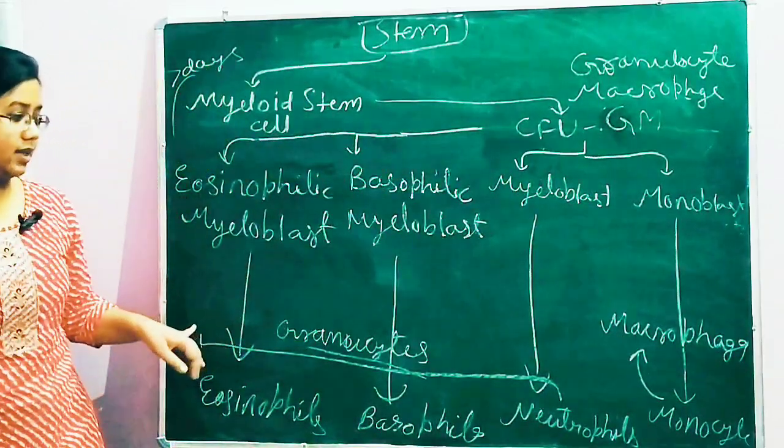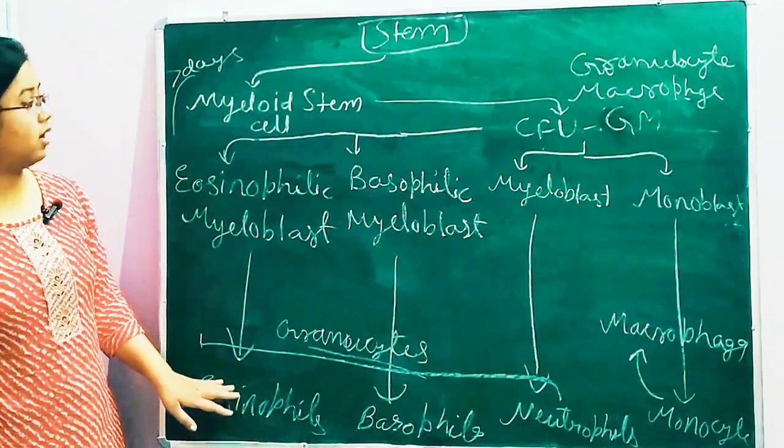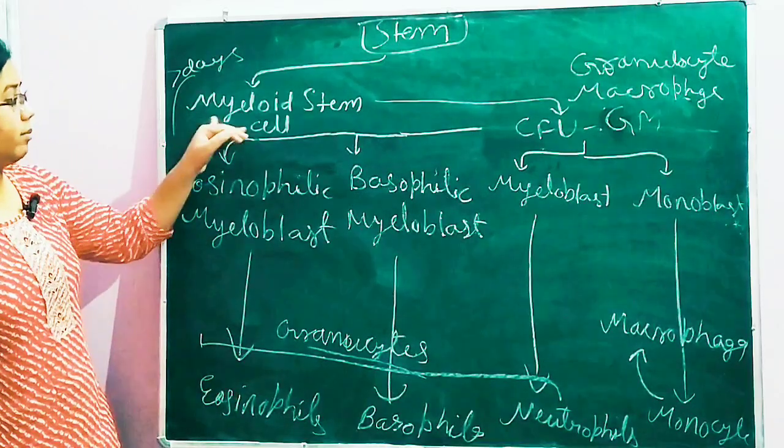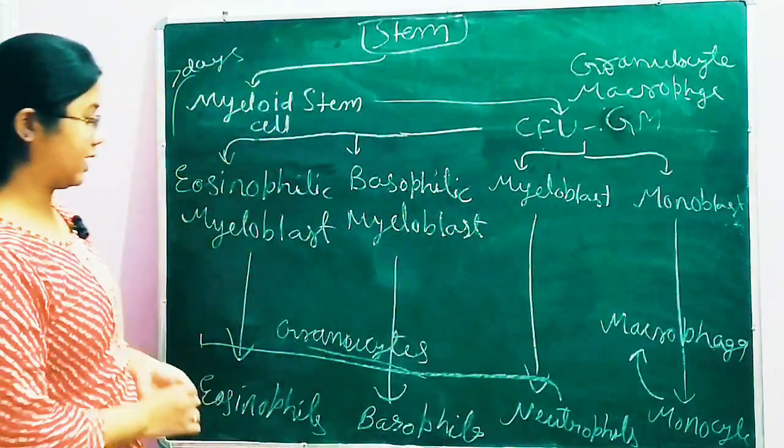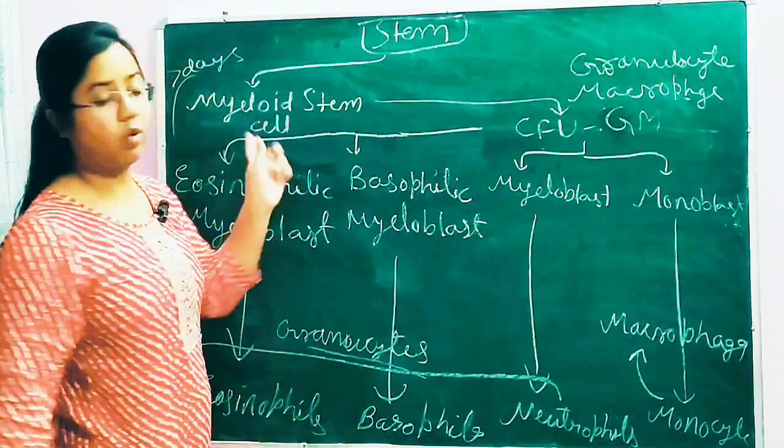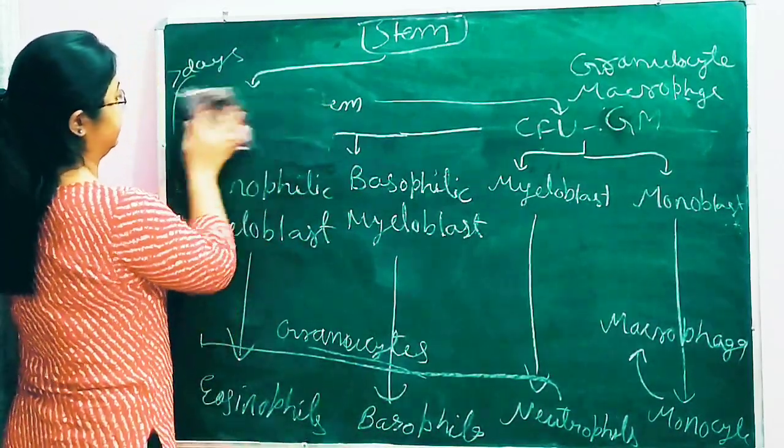So these are the cells formed by the myeloid stem cells of the myeloid series. Now we see the lymphoid stem cell series.